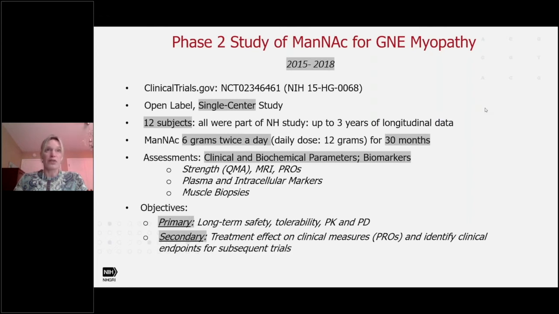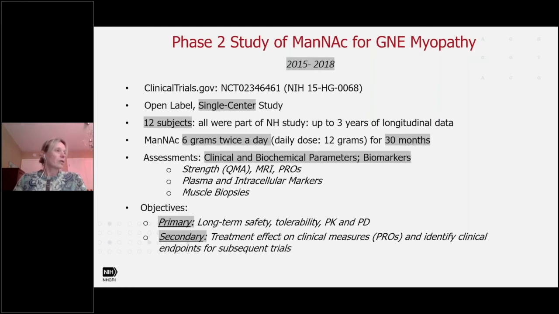That included strength, MRI, patient-reported outcomes, plasma and intracellular markers, and muscle biopsies were taken at baseline and about 90 days of ManNAc therapy. The objectives were really to establish safety and tolerability, and PK, this is how the body handles the ManNAc, and PD, pharmacodynamics, early efficacy, that is, if the drug works.